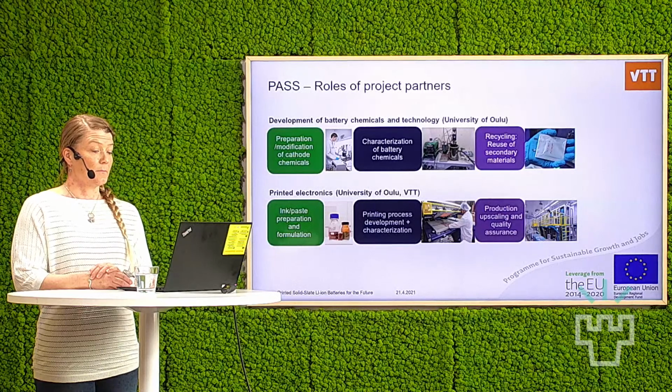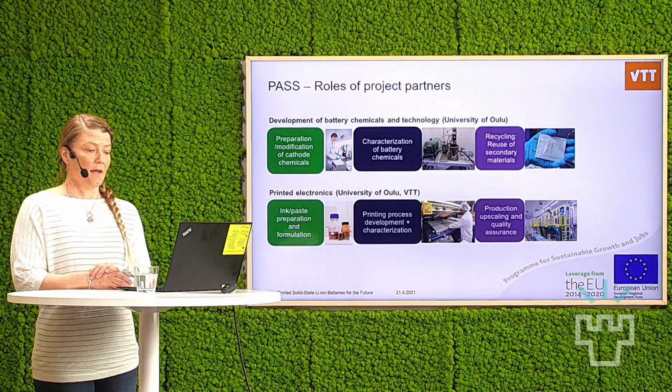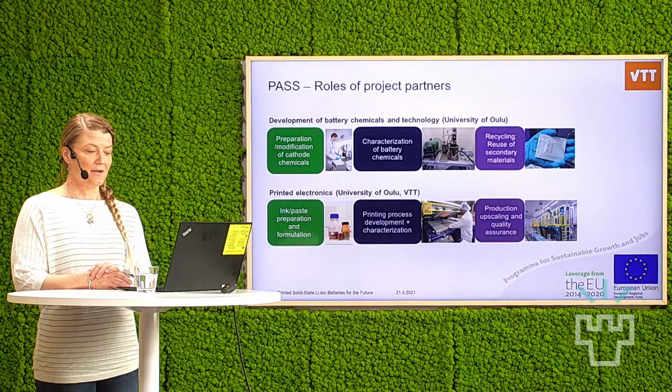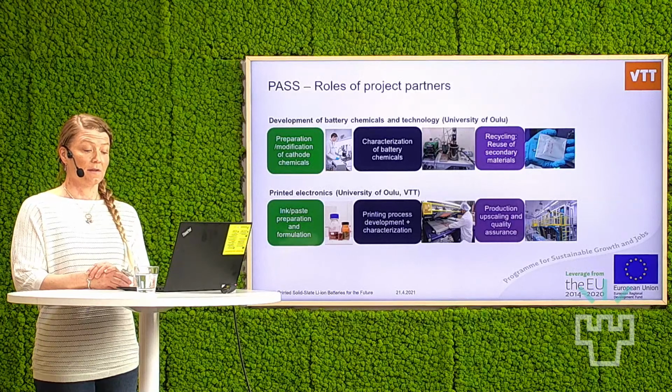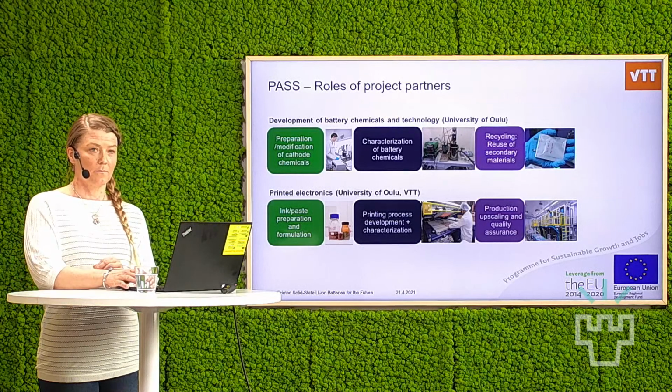So at first, we have the materials, we make them into inks, and then print them in layers, and those layers are characterized, and in the end, we will be upscaling the production and doing the quality assurance of those roll-to-roll processed films and batteries.